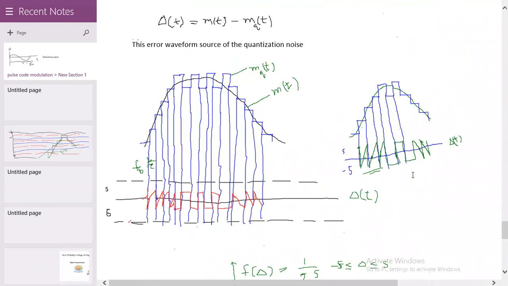So up to this class the first unit was completed. The next class onwards I will start the next unit, that is digital modulation techniques. During this week I will give you one assignment. Are they giving Google Forms, sir, the others?